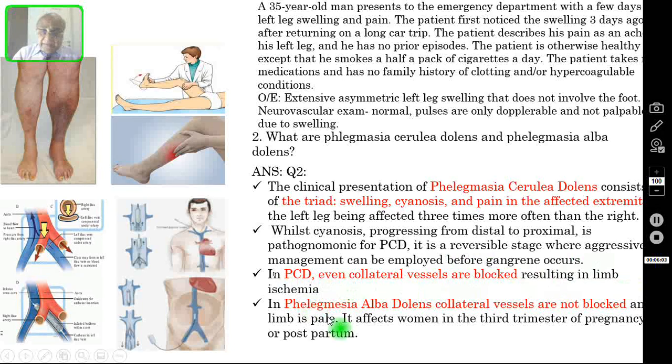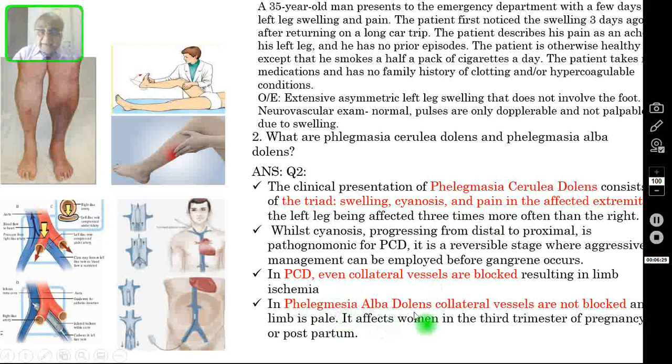Whereas in phlegmasia alba dolens, the same pathology, that is blockage of the big vessels. This phlegmasia cerulea dolens is more common in extensive iliofemoral thrombosis, not the small blood vessels. Only if the big veins like the iliofemoral veins are blocked will the patient go on to phlegmasia cerulea dolens.